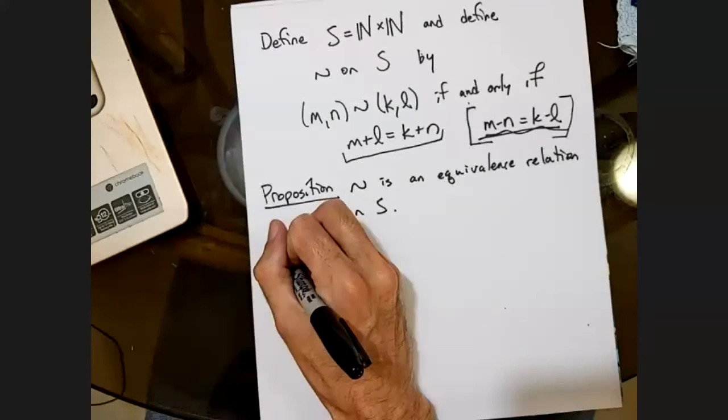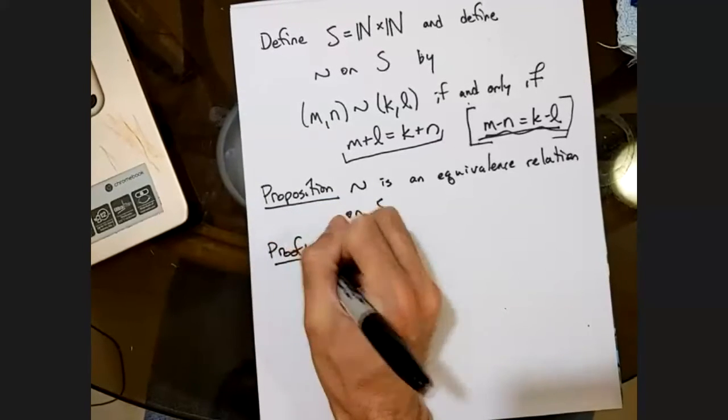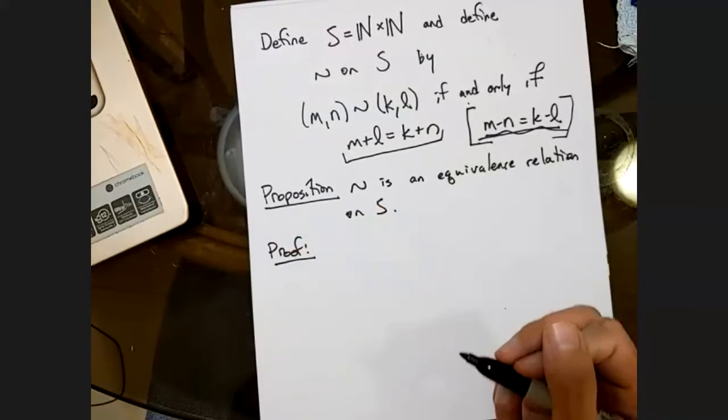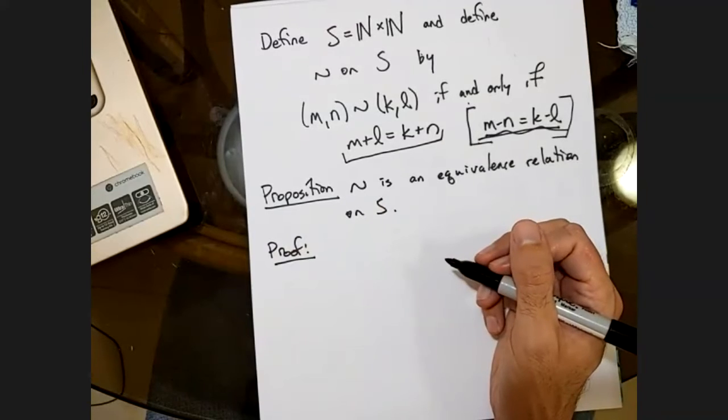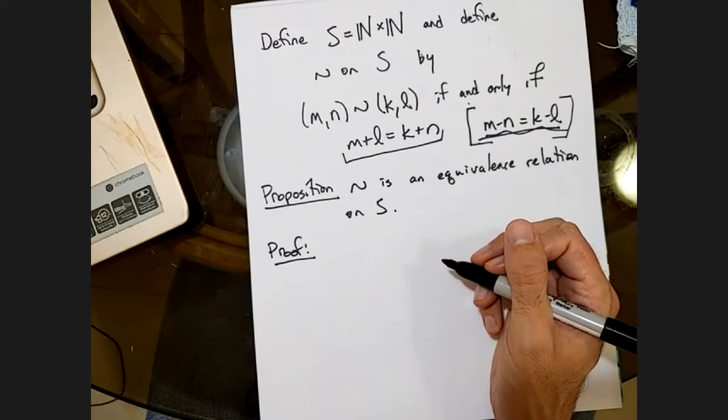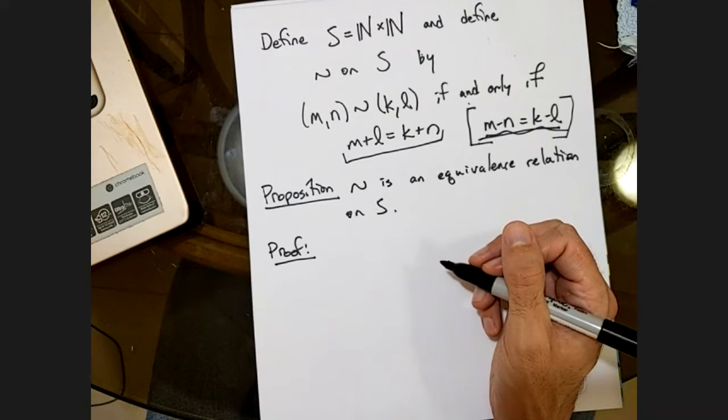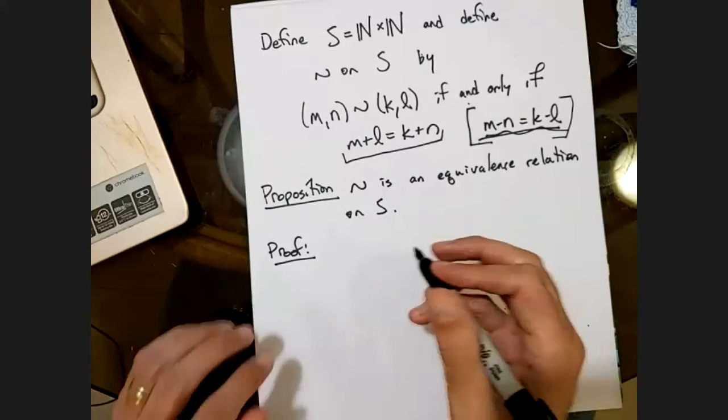So let's sketch the proof. Reflexive is easy. Symmetric is not too hard, but the tough one, I guess, would be transitivity.